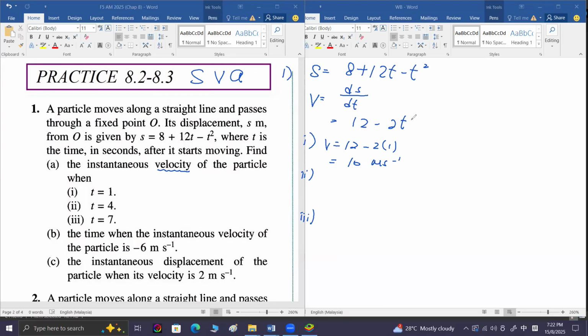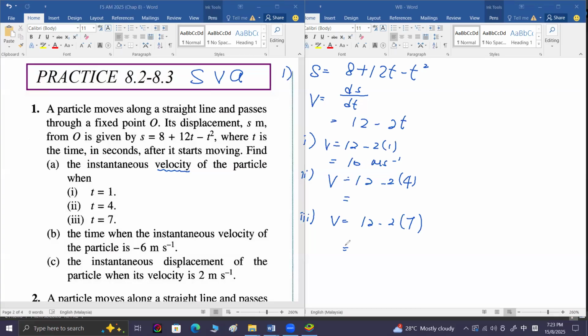And when t is 2, and when t is 3, sorry, not 2, not 3, I made a mistake. Should be 4 and 7, sorry. Okay, now you find the velocity. Actually, this is to practice: from S, you change to V, you differentiate.